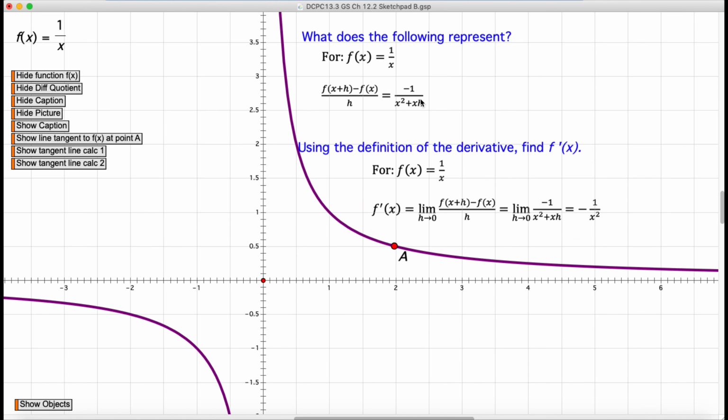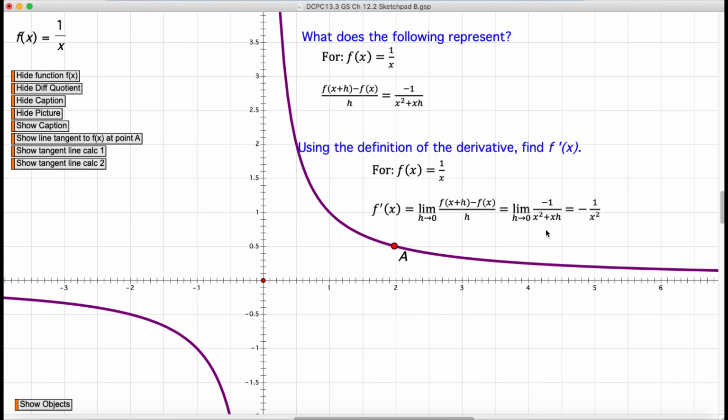In our case, we just take all the work we did before and substitute in our simplified difference quotient, -1 over x squared plus x times h. Now we want the limit as h goes to 0 of -1 over x squared plus x times h. We try direct substitution, and this time it works, and we end up with -1 over x squared.